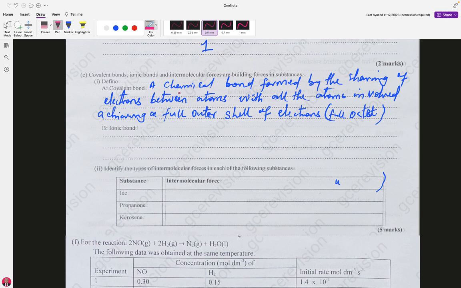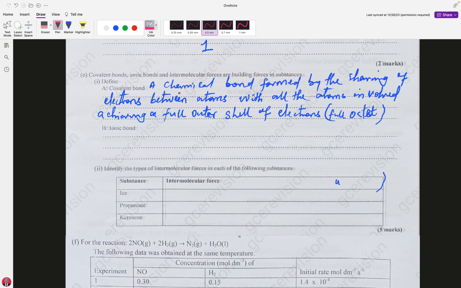So because of this difference in electronegativity, a high difference with the non-metals having a higher one than the metals, they tend to pull electrons. Or in other words, we say the metals tend to donate electrons to the non-metals.